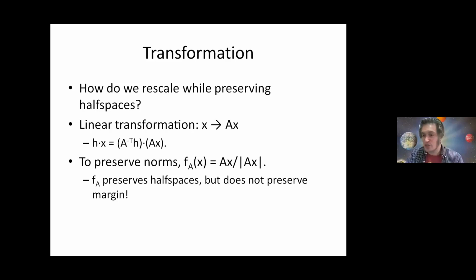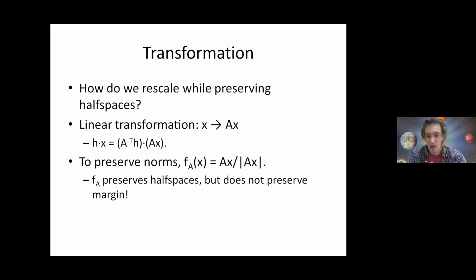But this transformation does not preserve margins, because when you rescale the points to put them back on the unit sphere, different points need to be rescaled by different amounts, and that will actually change the relative margins of these points.